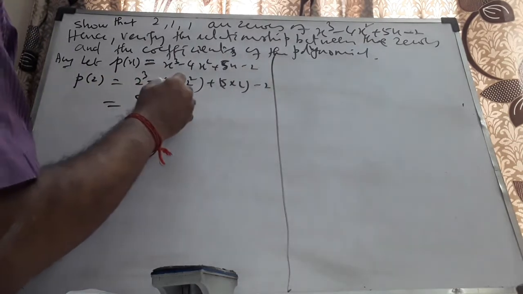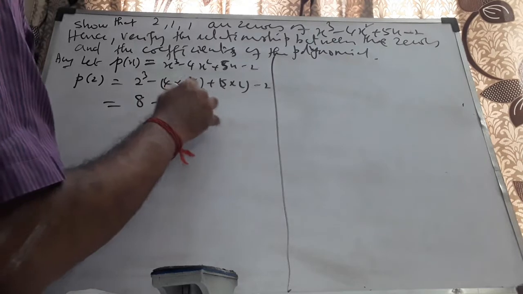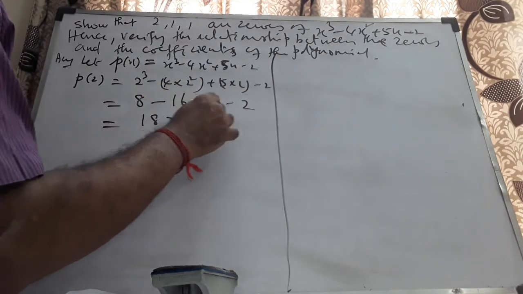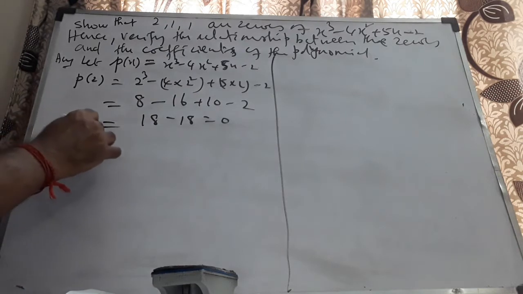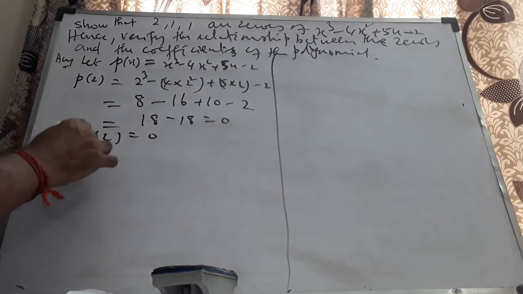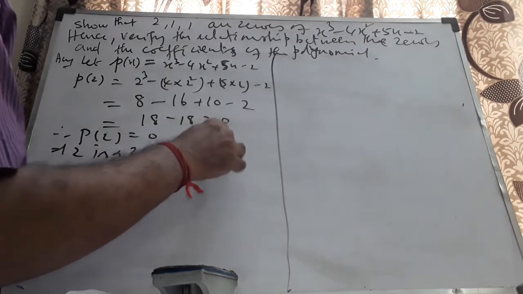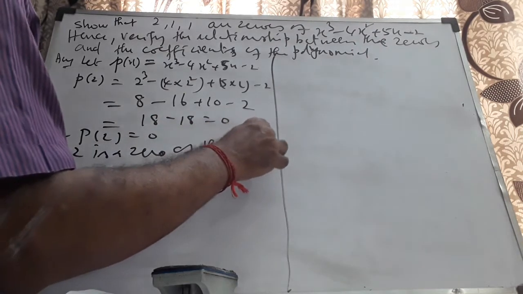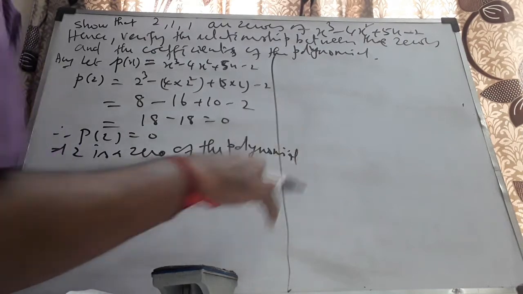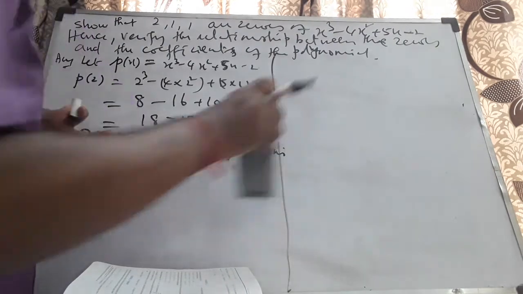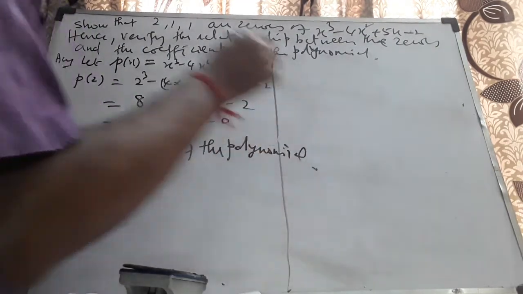It will be 8 minus 16 plus 10 minus 2. This will be 18 minus 18, which is equal to 0. Therefore, p of 2 is equal to 0 implies 2 is a 0 of the polynomial.